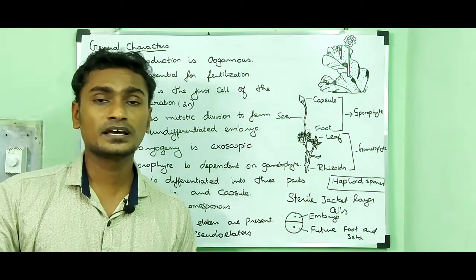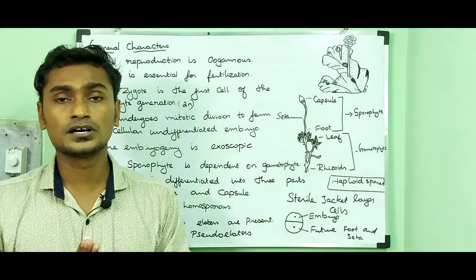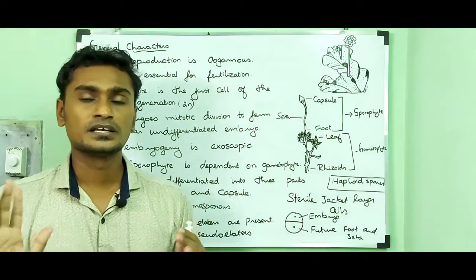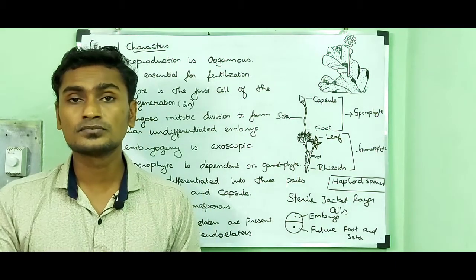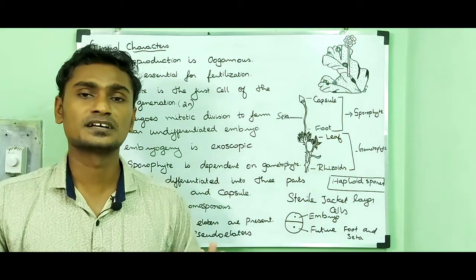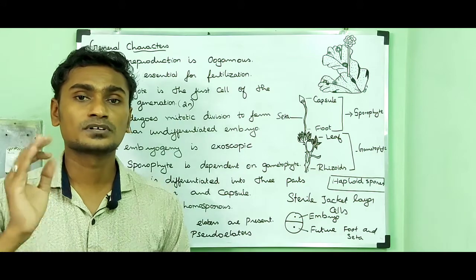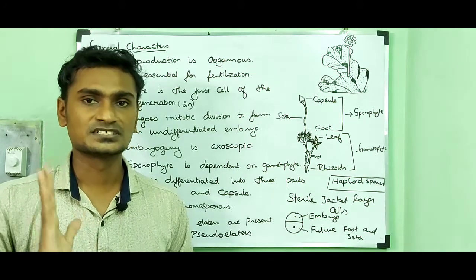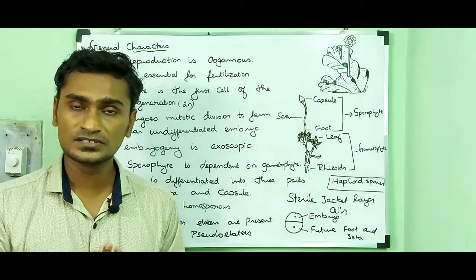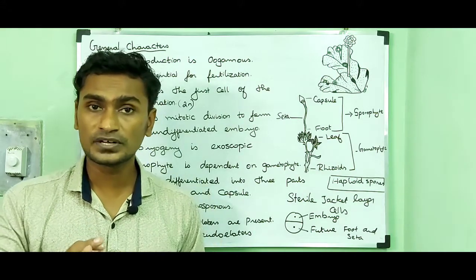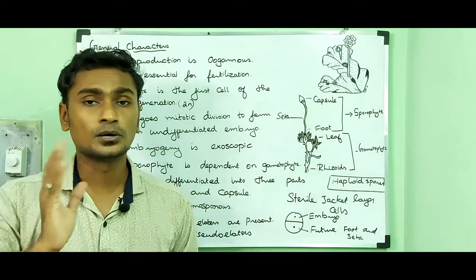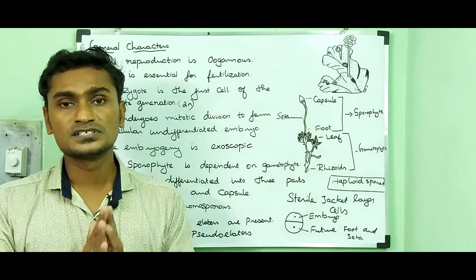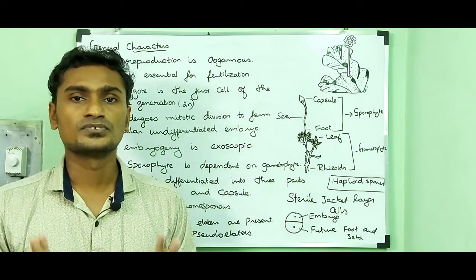The gametophyte and sporophyte are morphologically dissimilar. That is why they call this heterologous alternation of generation. So in bryophytes, the gametophytic phase is the dominant phase, the sporophytic phase is the reduced phase.